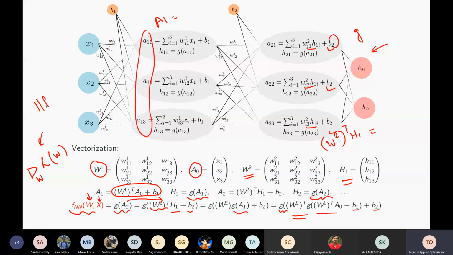So a simple loss function I can construct is f of n minus the label y. So this could be our loss. If I want to compute the gradient with respect to W, I have to compute the gradient with respect to f of n also, which is this guy. And you know that this is not that easy because of the nesting. So these are the difficulties in computing the gradient and applying the optimization solver in such complicated models.